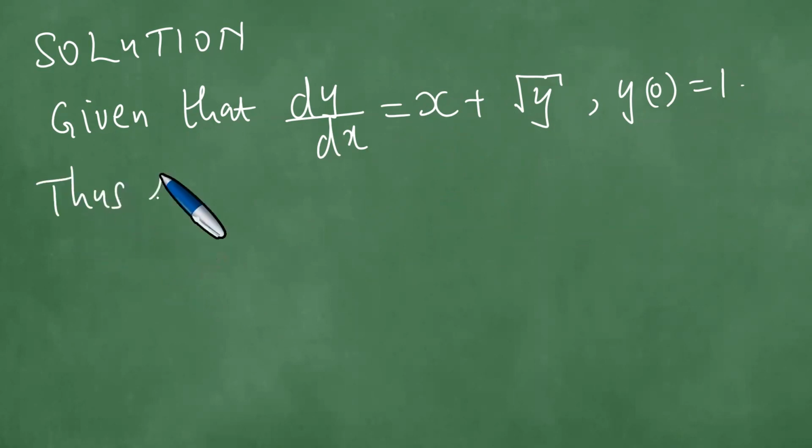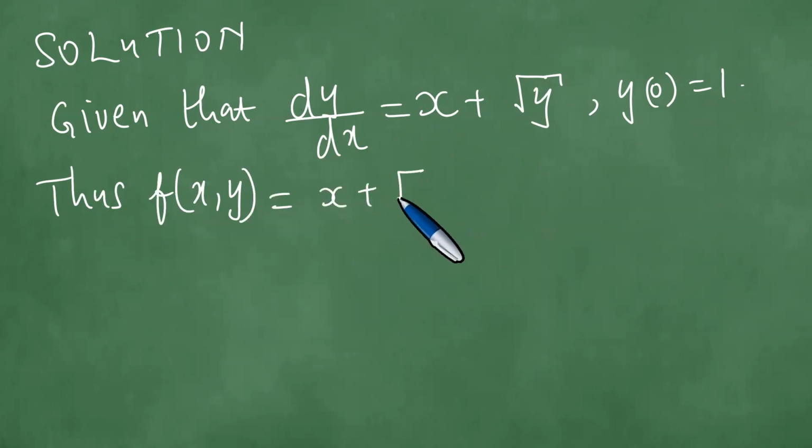Thus f of x and y is x plus the square root of y. Now, what is the predictor and what is the corrector?